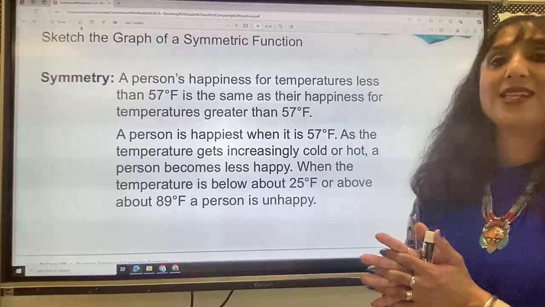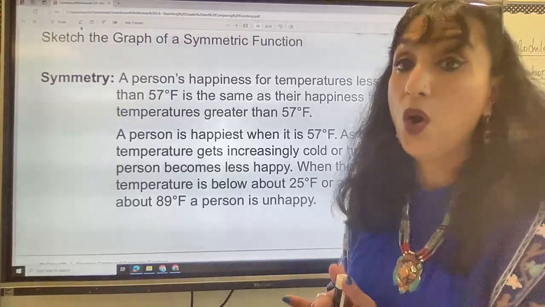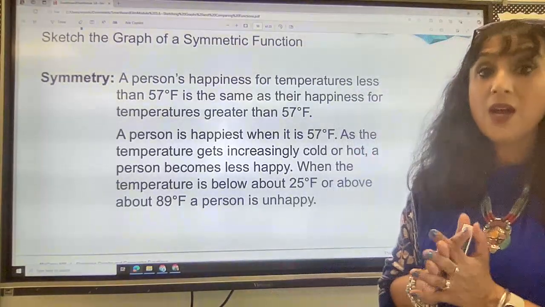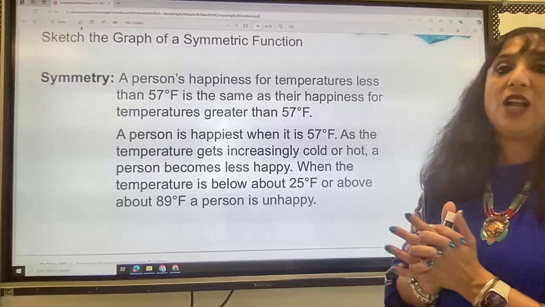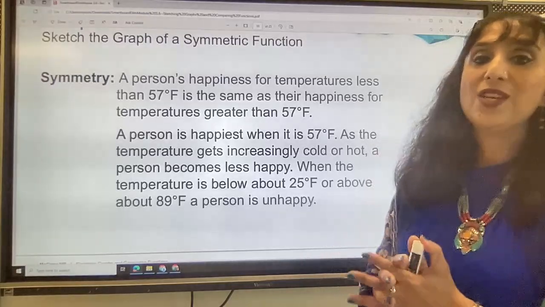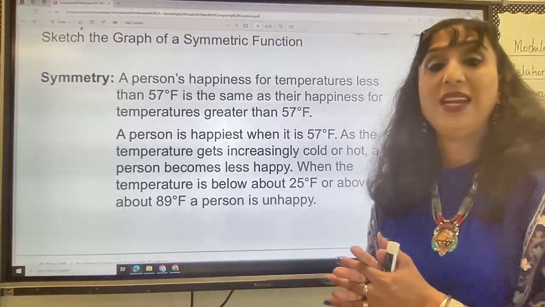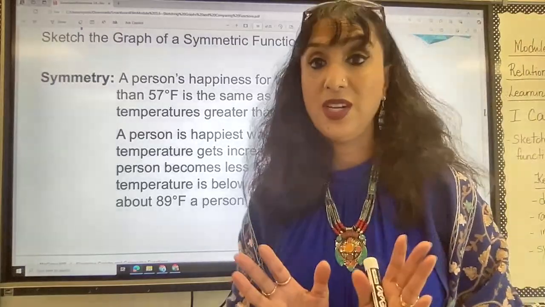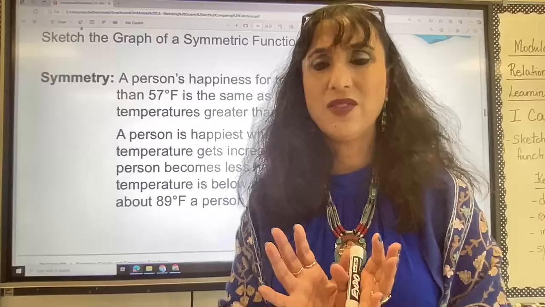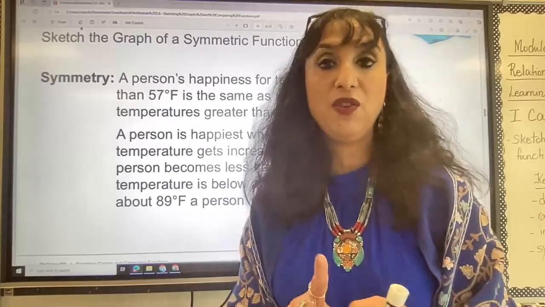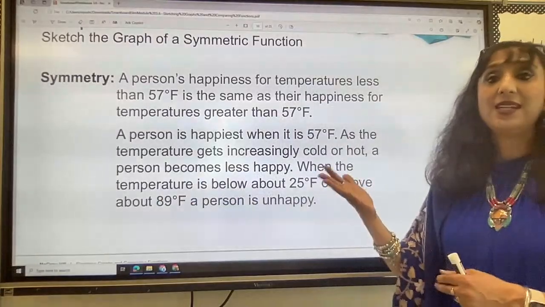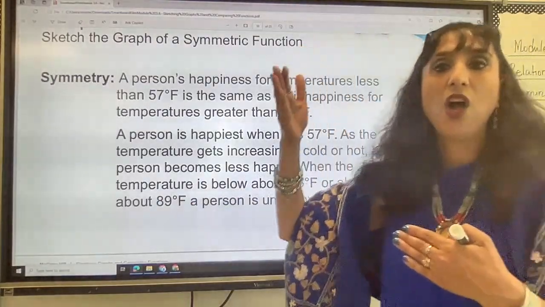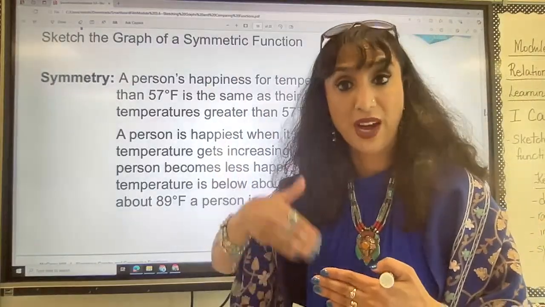As the temperature gets increasingly cold or hot, a person becomes less happy. And when the temperature is below about 25 degrees or above about 89 degrees Fahrenheit, a person is unhappy, because you're going to be so uncomfortable. You're going to be either really cold or really hot. Okay? So therefore, it's telling us that it's a symmetric graph. So these are all the key features that have been provided to us.